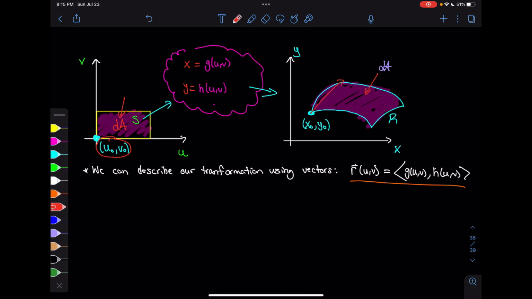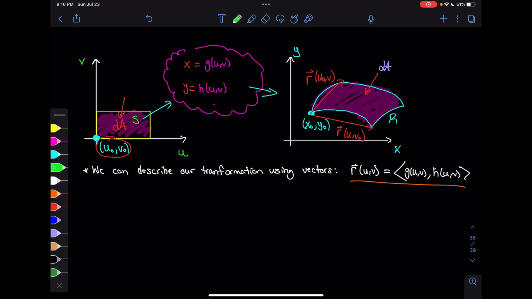I can create a tangent vector going this way, which has a special name, we'll call it r of u0 comma v, and I'll explain what this is. And we can take another vector this way. What are these coming from? We're taking the partial derivative of this vector function with respect to u and with respect to v. So this is the vector function where we have u and then we fix v0, okay?